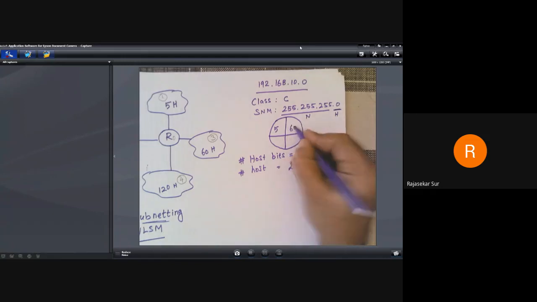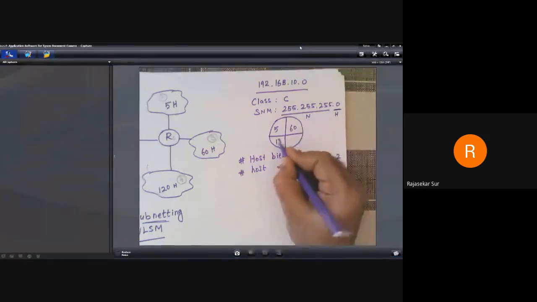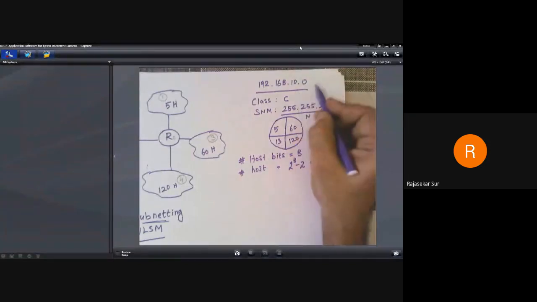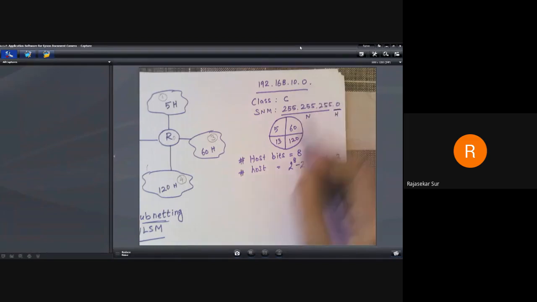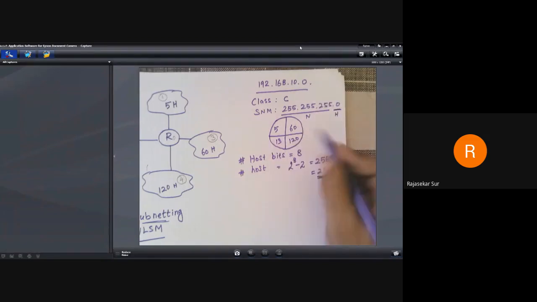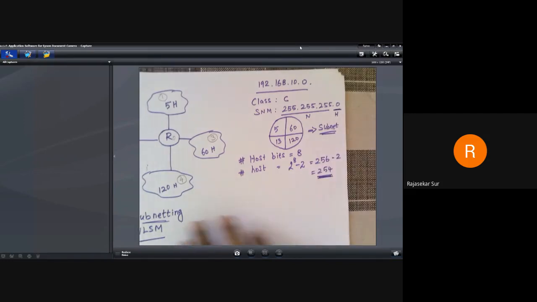Then for the third one, I need 13. And for the next one, I need 120. So this single network, now I'm going to divide into 4 networks. If you divide that into 4, that is called a subnet, or subnetting. So 4 subnets we are going to do.